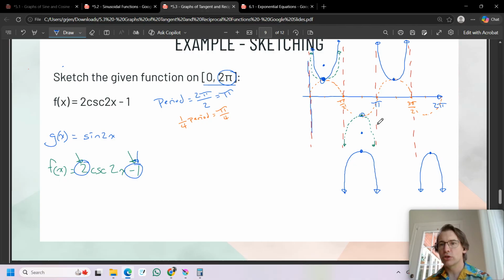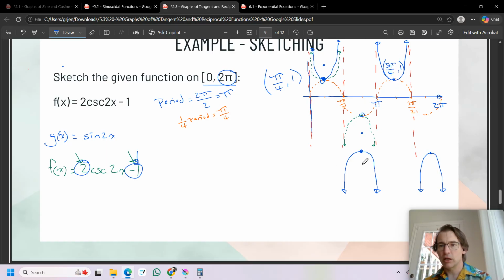If I really wanted to label some points, I might label these ones, and I might say this is the point pi by 4, 1, and this is the point 5 pi by 4, 1, okay?